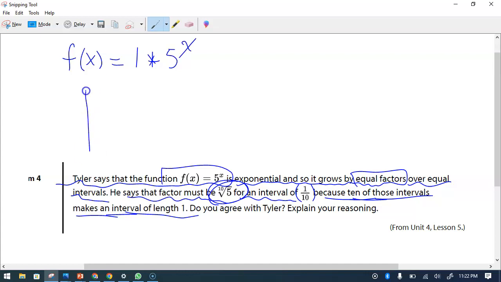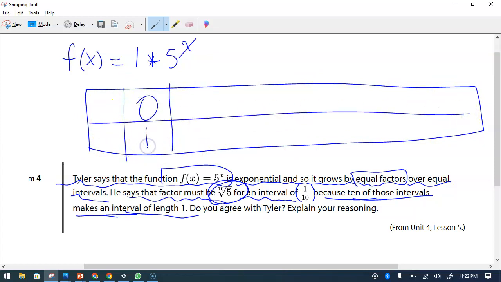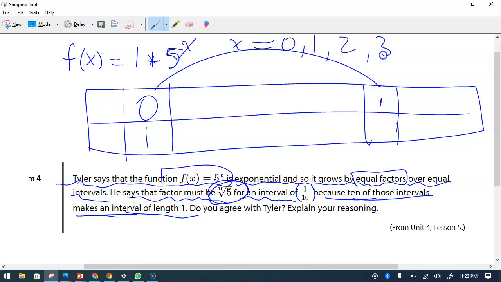Okay, let's move on. So I will make a table this way. In the beginning it was 1, and from 0 to 1 you can see the factor is 5. You can clearly see that this x is 0, 1, 2, 3, 4.